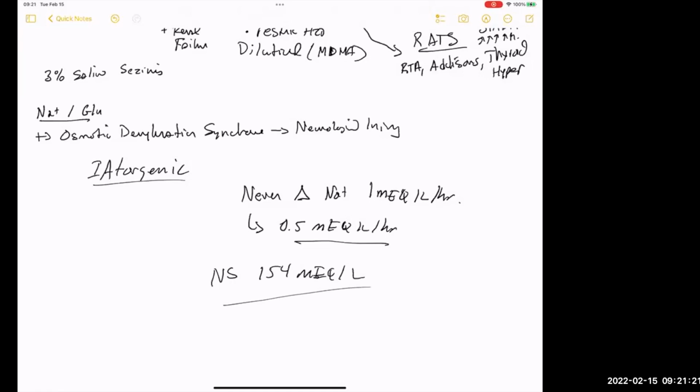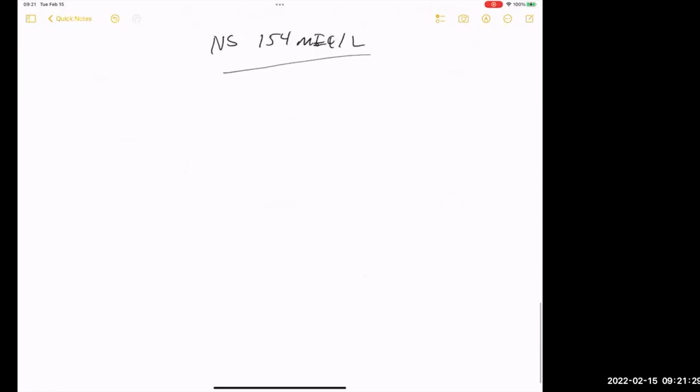I just wanted to spend a little extra time talking about those. The other thing I wanted to mention, we talked about this last week, calcium. There is a relationship that calcium has with albumin. And so what can happen is albumin imbalances can cause a false interpretation of what we see with calcium, right?